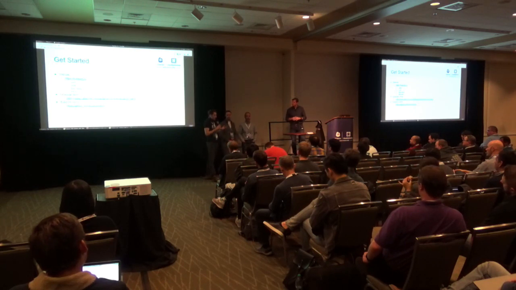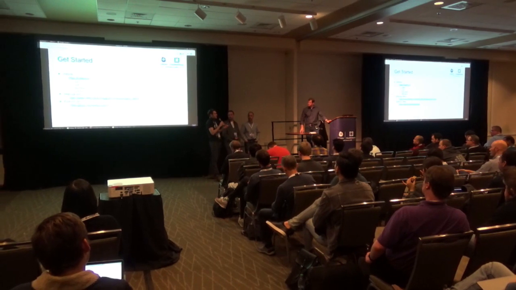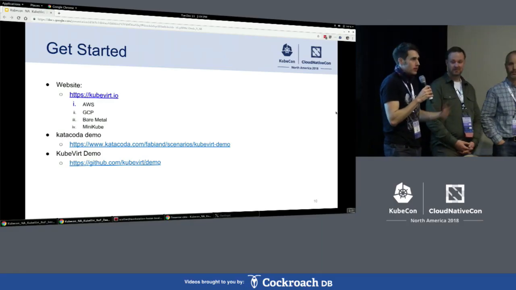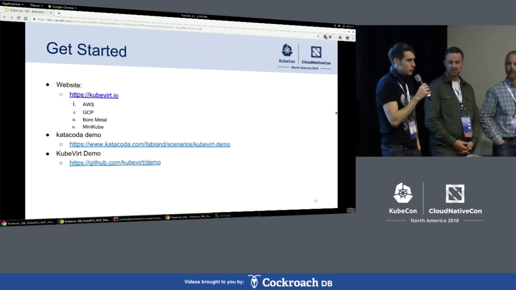We do have a higher level controller called Virtual Machine Instance Replica Set, I believe is what we've called it. It works similar to a replica set in Kubernetes, and it's going to allow us to scale out as many virtual machines as we want.